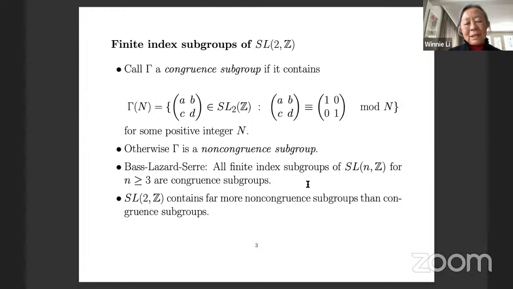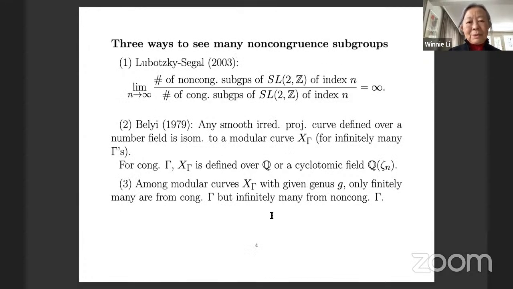So SL2Z is very special in that not only does it contain non-congruence subgroups, but it actually contains many non-congruence subgroups. So here's a way to see that, I give you three ways to see that. Okay.